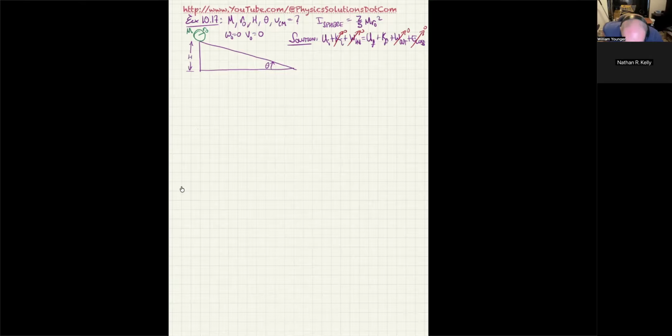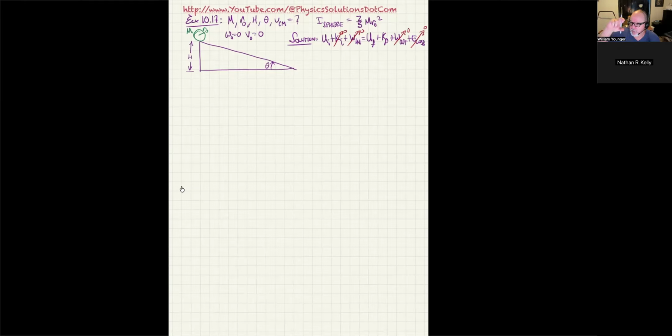Now, here's the big thing. Technically, the center of mass of that ball is up a height h plus r0, right? But if I chose to ignore that part and say we're just trying to measure it to the bottom of the ball, as long as we consistently measure it to the bottom of the ball, that's fine too, right?